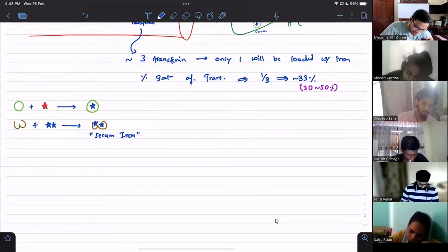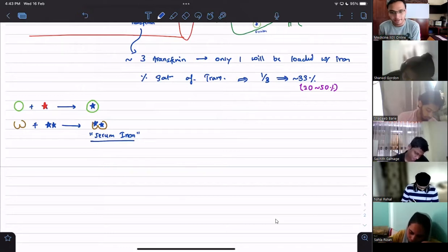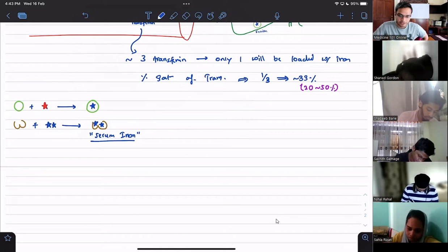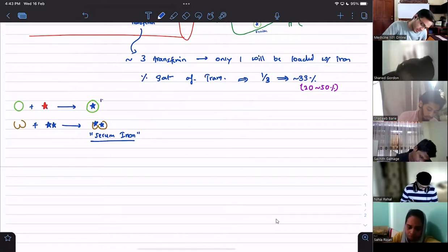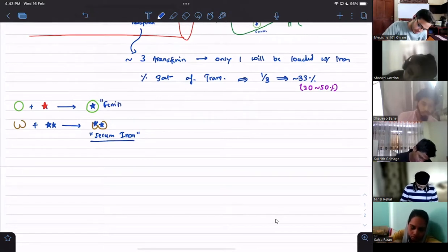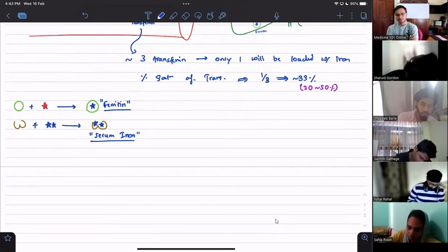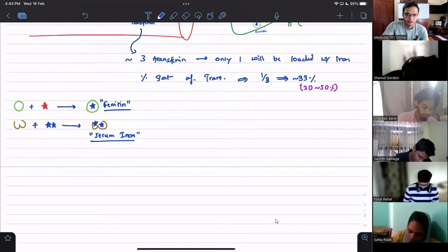So whenever the iron profile says serum iron, what are they talking about? Iron that has been loaded onto transferrin. This is called serum iron, and this one is called ferritin. This term is important.